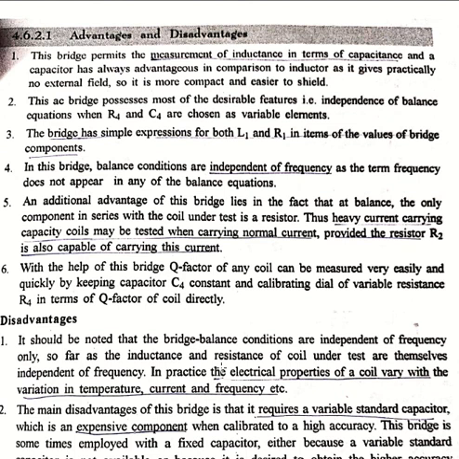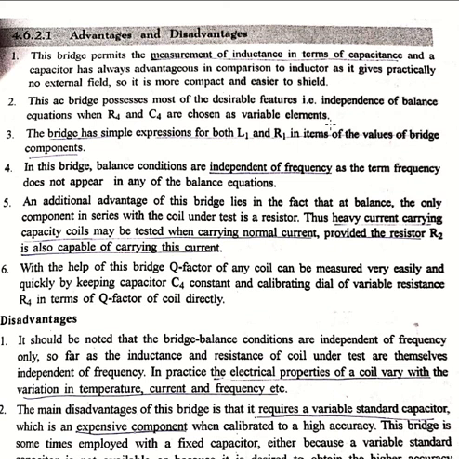There are some advantages and disadvantages of this Maxwell-Wien bridge. This bridge permits the measurement of inductance in terms of capacitance, that is the advantageous thing. This AC bridge possesses most of the desirable features, that is independence of balance equations when R4 and C4 are chosen as variable elements.